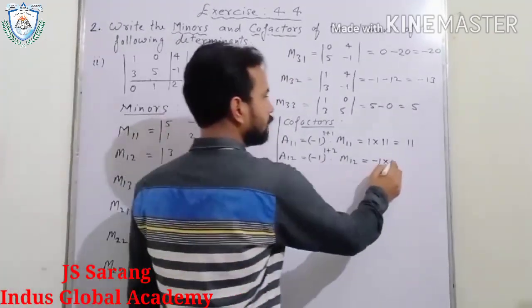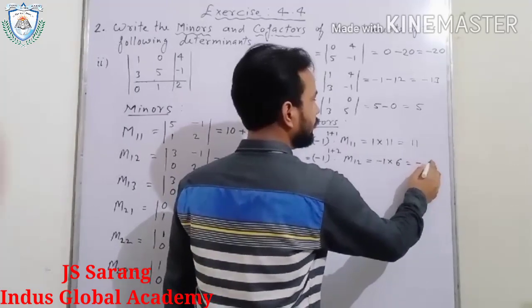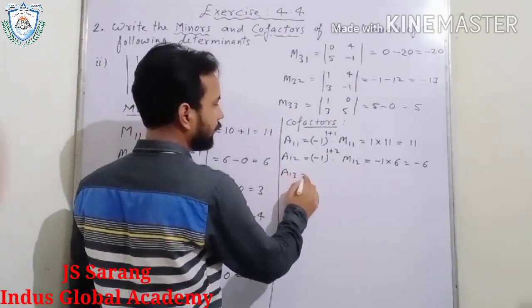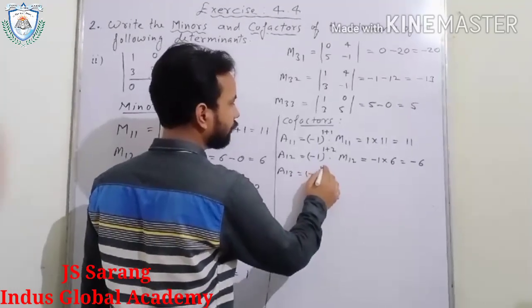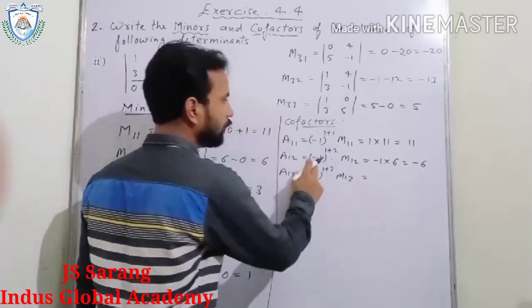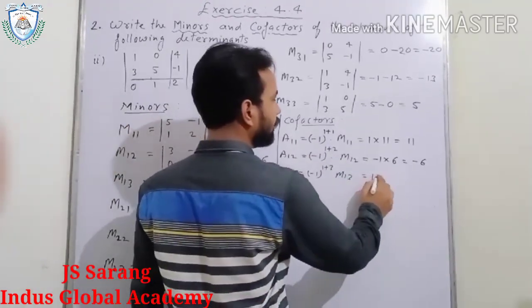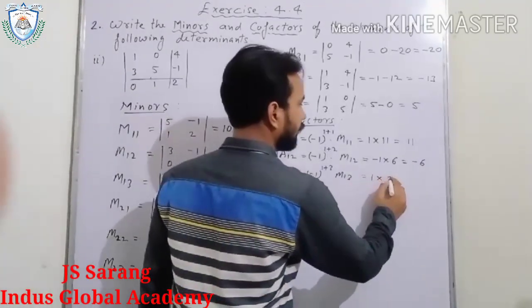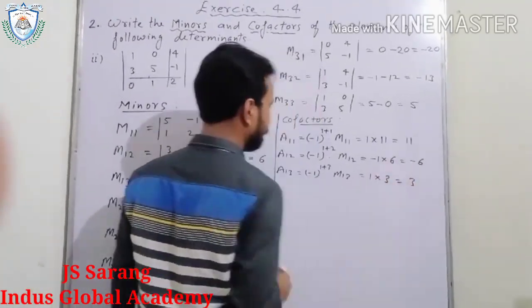M12 is 6. So minus 1 into 6 is minus 6. Now A13, minus 1 to the power 1 plus 3 into M13. Minus 1 to the power 4 gives you positive 1 into M13. M13 is 3. So 1 into 3 is 3.